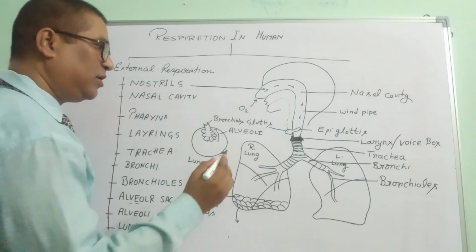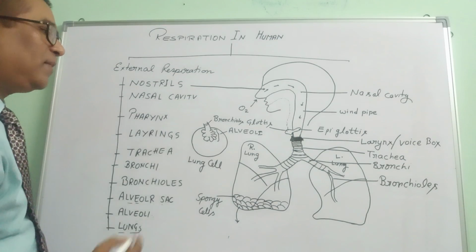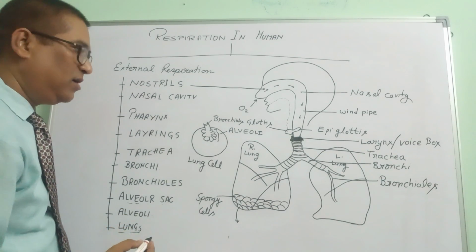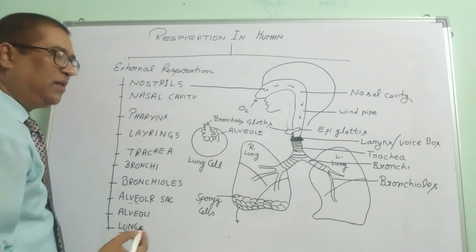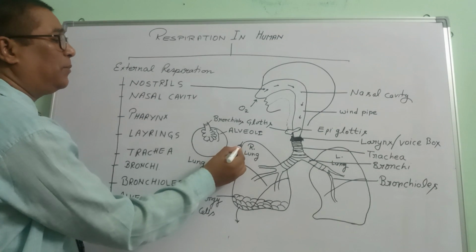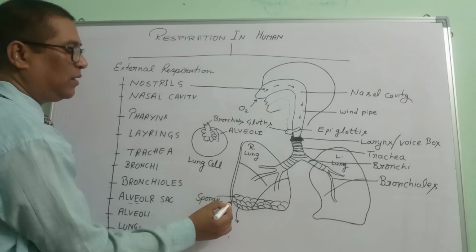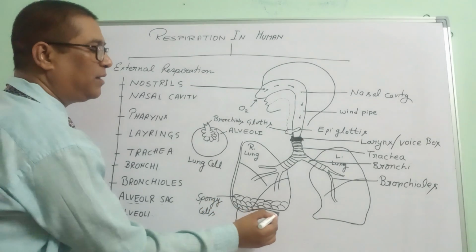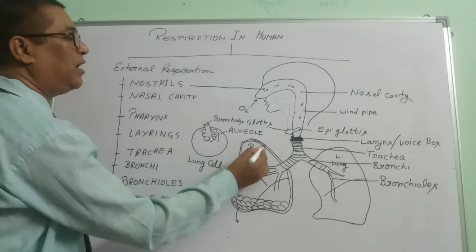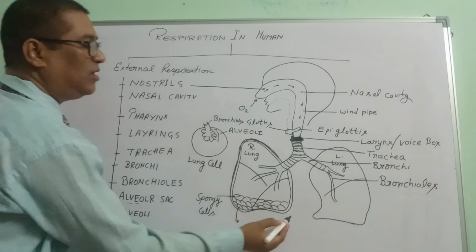Now first, this is the alveoli, last one is the lungs. Lungs are the main respiratory organ in human beings or the animals which contain lungs. Each lung is surrounded by a protective sheet, and this protective sheet is double layered, means it is slightly thick.